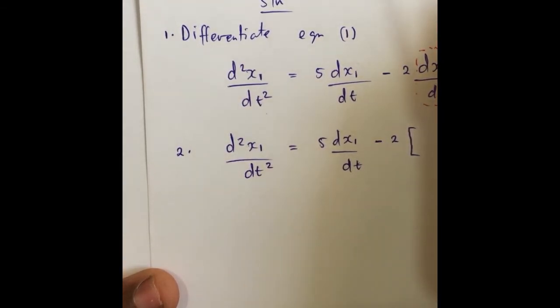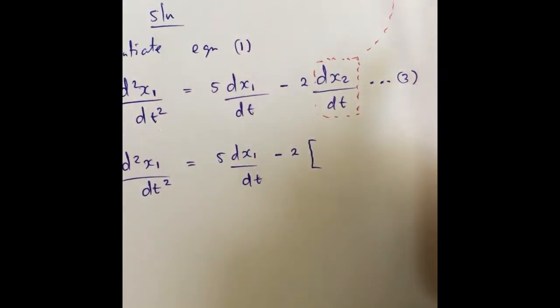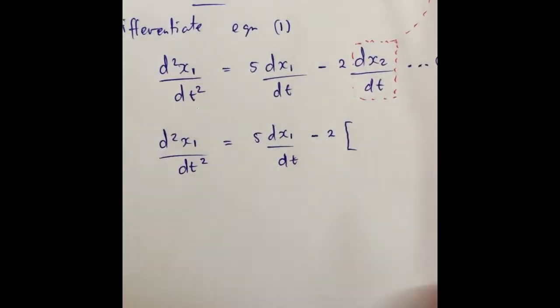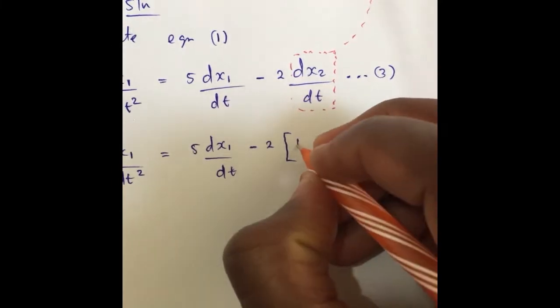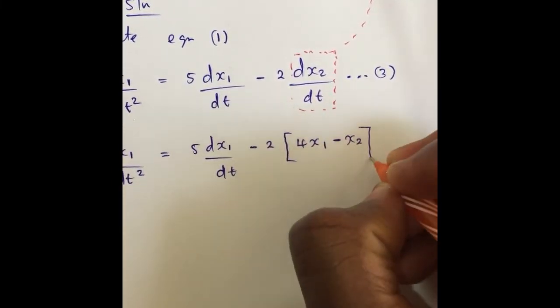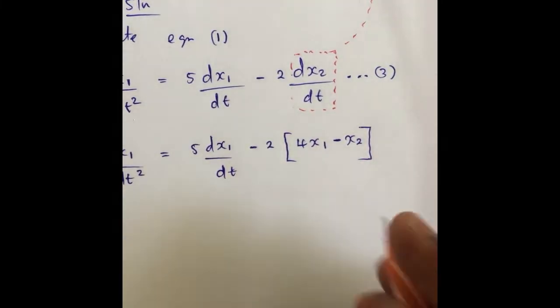So with that in mind, we write here 4x1 minus x2, I mean, sorry about that.